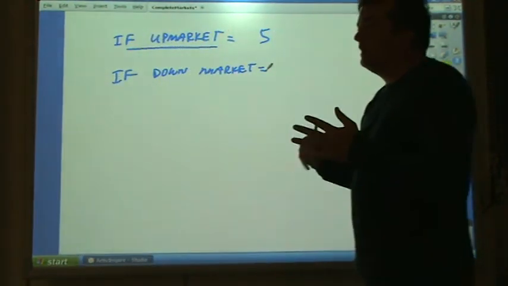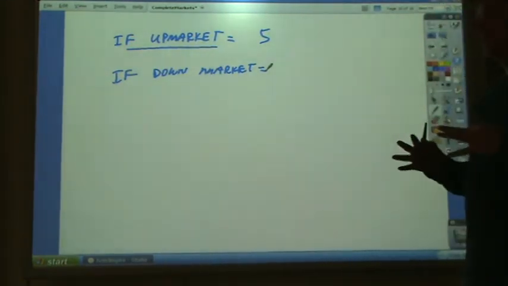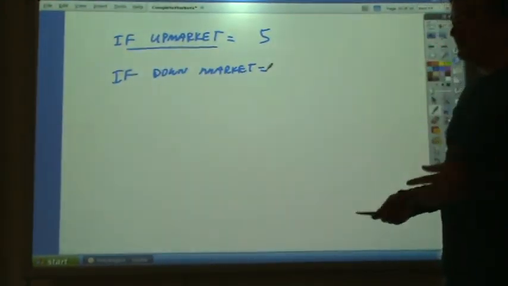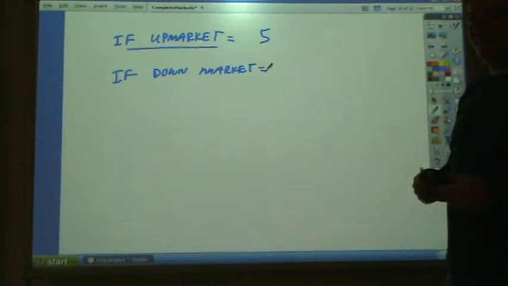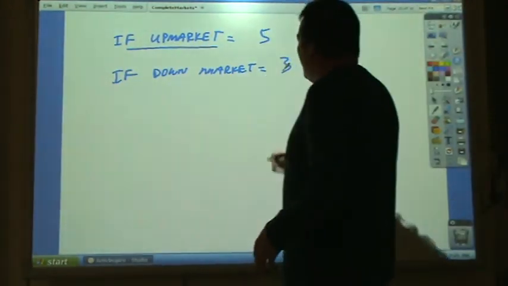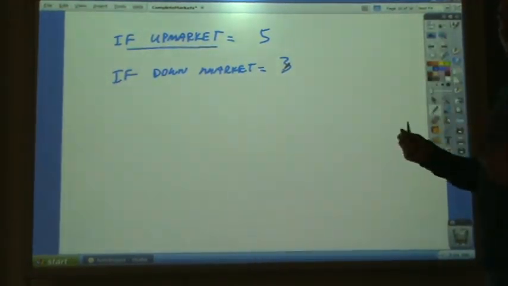So let's say we've done a bunch of investments, and then we're worried if the market goes down, we're going to lose a ton of money, so we want to hedge. We want to make a final bet to kind of cancel that out. If the market goes down, let's say we need to get, pick any number, 3? $3. Okay, we need $3. Can we buy an investment that if the market goes up, I get $5, and if the market goes down, I get $3? And the answer is, yeah.